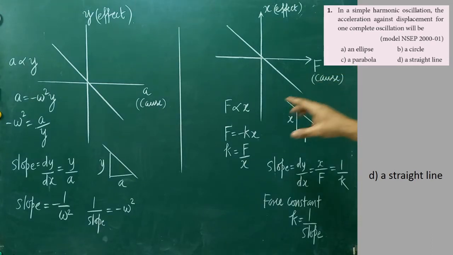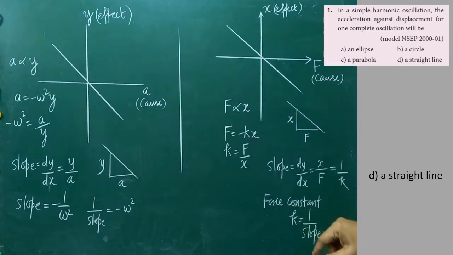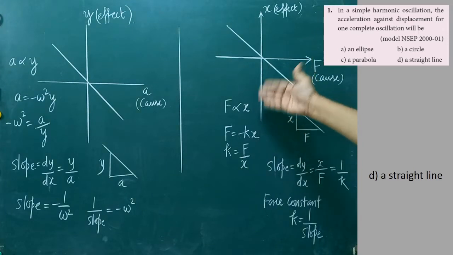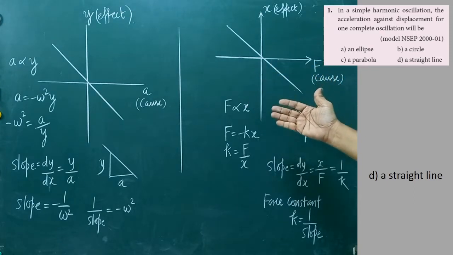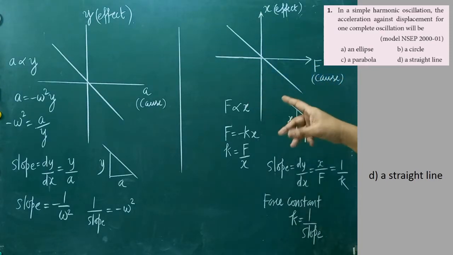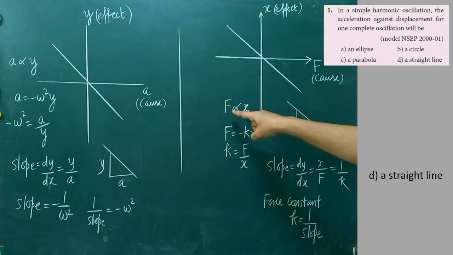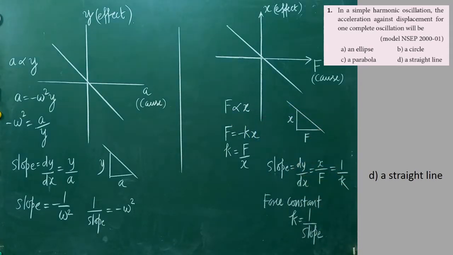Here the meaning is force is directly proportional to x. When x increases, what happens? The restoring force also increases. And you can take it in the opposite form also. Are you clear? So when the restoring force increases, the displacement also increases.